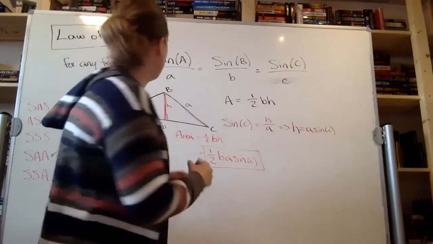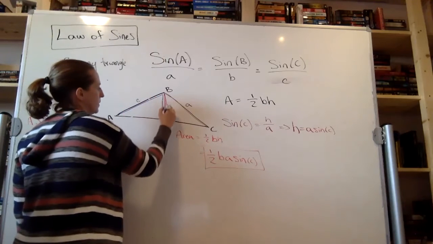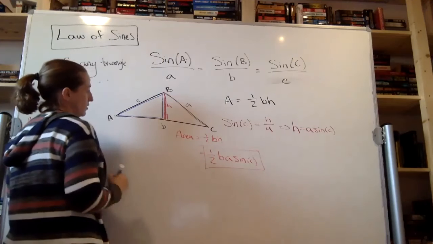Now, similarly, if I think about the other triangle that was created, which I'm going to outline in blue, this guy is also a right triangle.